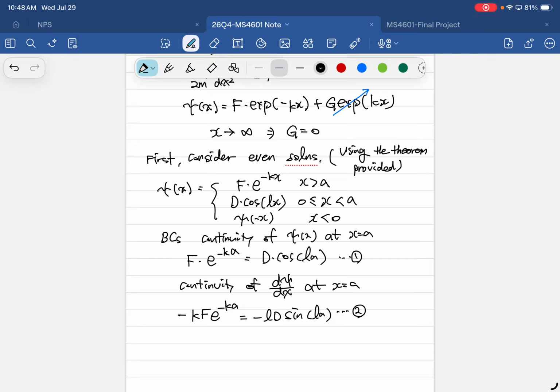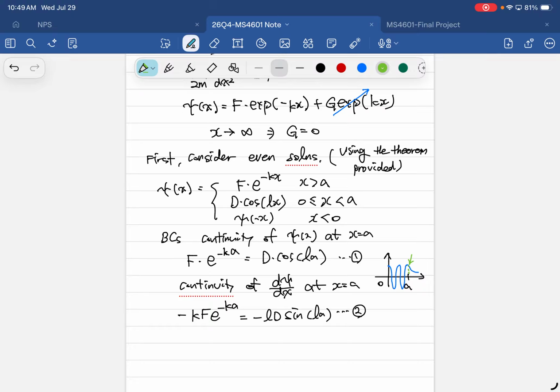So again, this boundary condition is essentially, I deleted it, but if we look at it, from 0 to a there is cosine, and then there is an exponential decay one. At this boundary, it has to meet continuity. The point itself has to be continuous, and also the slope has to be continuous.